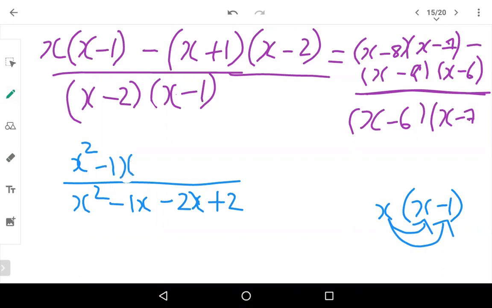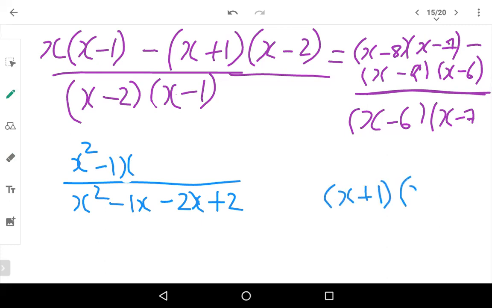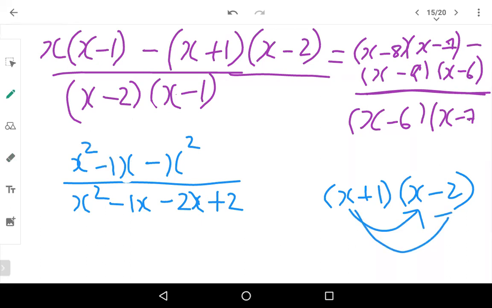Now let us take the next expression in the LHS, that is x plus 1 into x minus 2. So x into x is x square, and I'll keep the minus as it is, that minus will be remaining there. Then x into minus 2 is minus 2x.